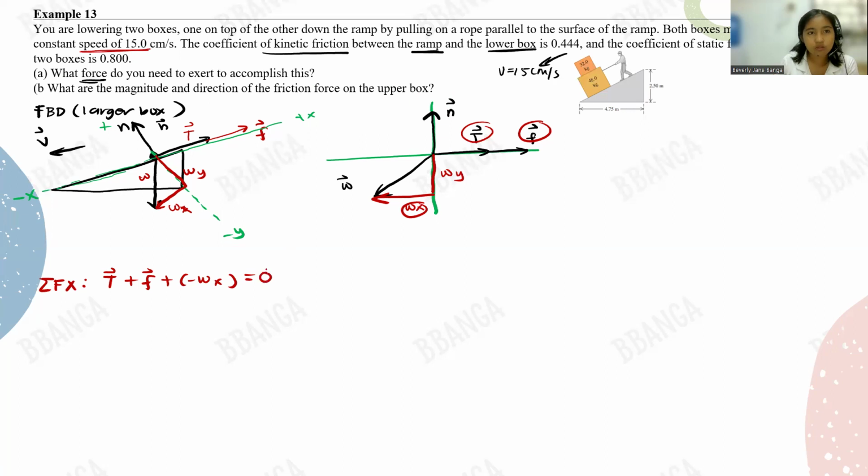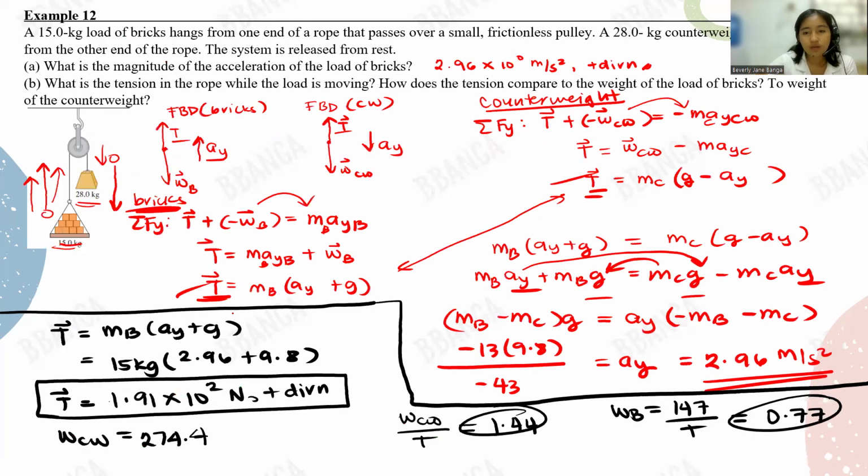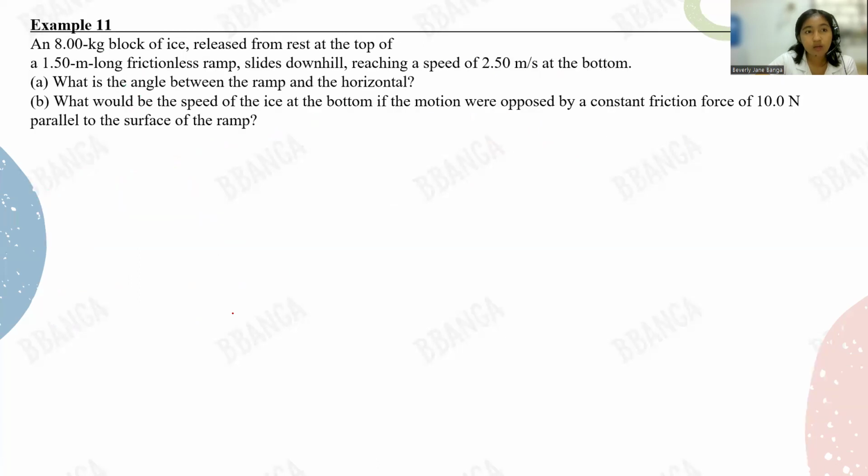So, this is equal to 0 lang. And then, sa summation of forces along Y naman, meron kang normal, tsaka meron kang WY. So, you simply have normal plus negative WY is equal to 0. So, dito pala sa may examples na to class, mula kay example 12, halo-halo na siya, no?